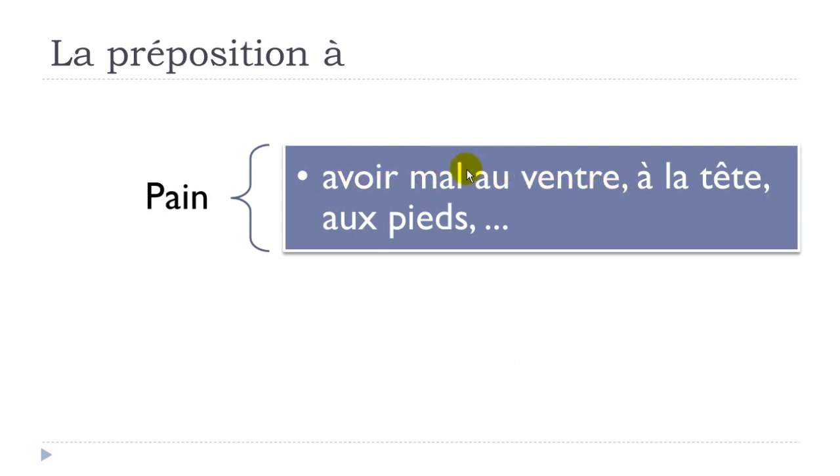So obviously this au is à plus le. So that's the reason why it's like that. Ventre is masculine. So if it's tête, la tête, head, headache, à la tête. Same structure, avoir mal à la tête. And then, in that case, pied, foot, au pied. Avoir mal au pied.